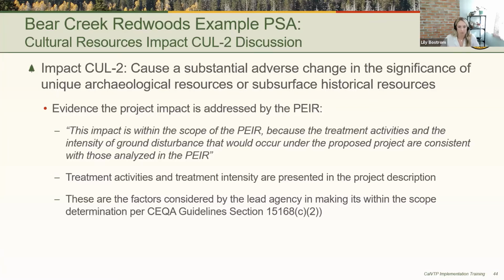So for Bear Creek Redwoods, this impact is within the scope of the program EIR because the treatment activities and the intensity of ground disturbance that would occur under the proposed project are consistent with those analyzed in the program EIR. So again, information about the treatment activities and treatment intensity are important to include in your project description as they will help you make your within the scope determination.